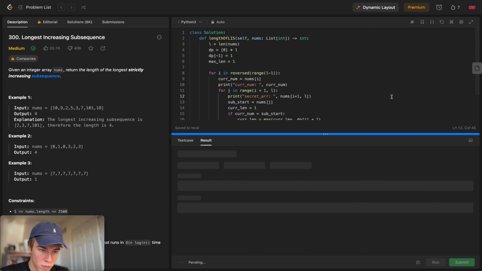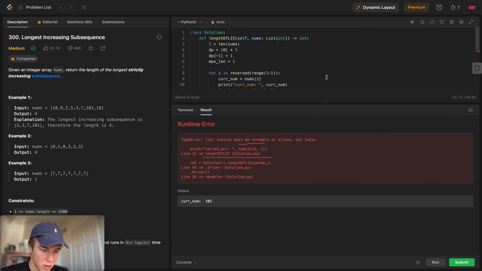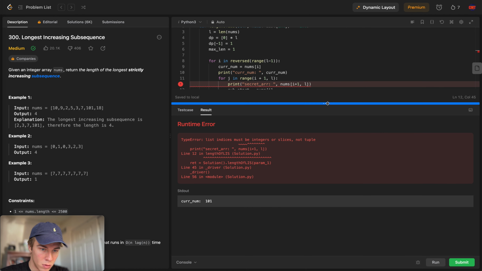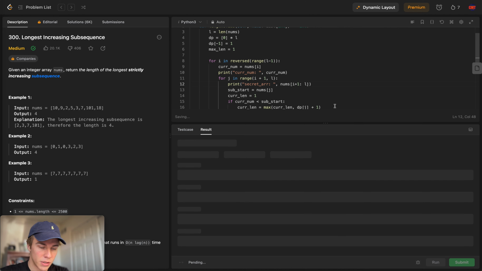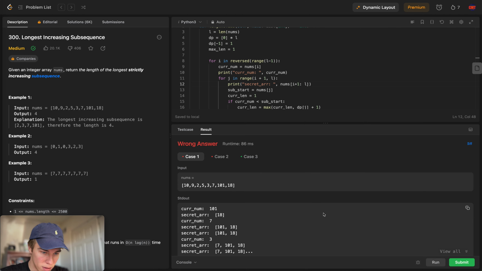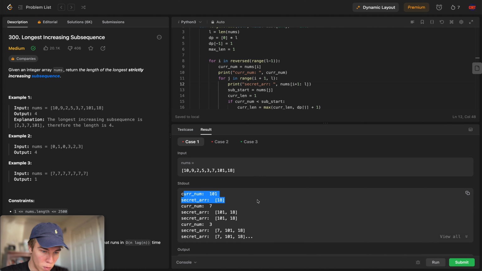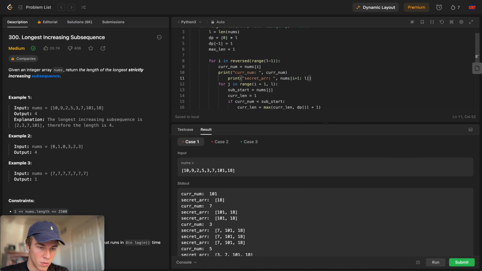Okay. Here, then we should see num. So I'm just trying to see here what is the potential current num: 101, 18, 7, and 7 should be right. Then for 3, I'm getting, let's just do this.